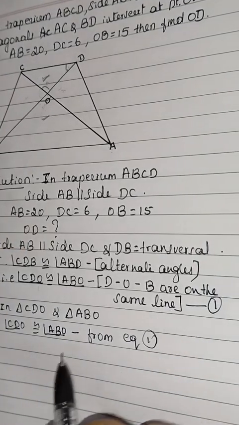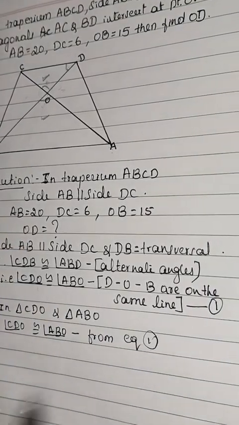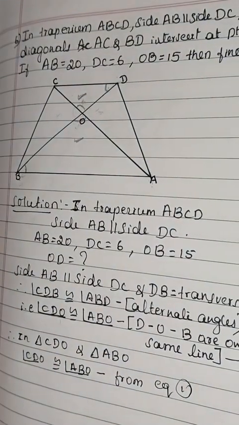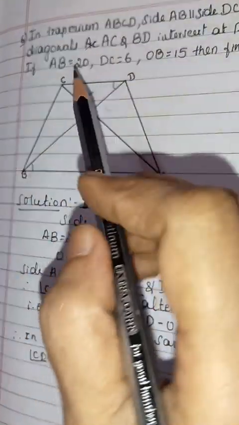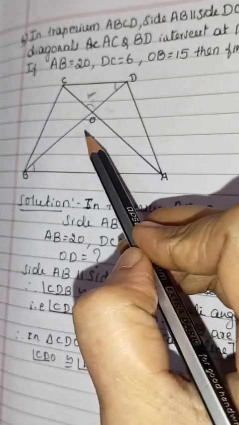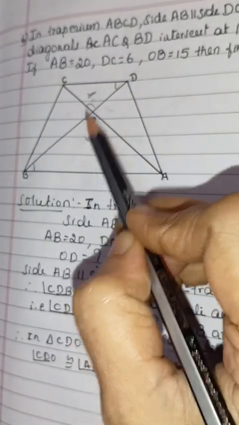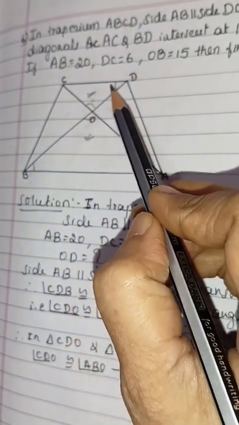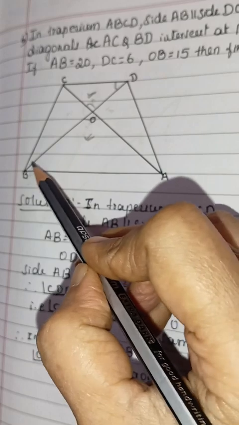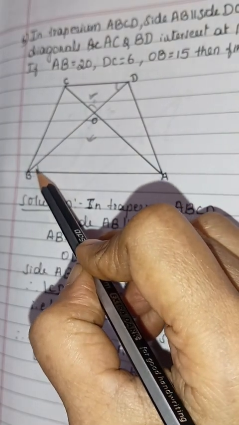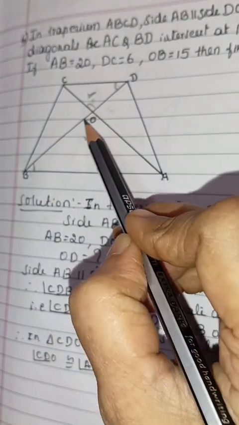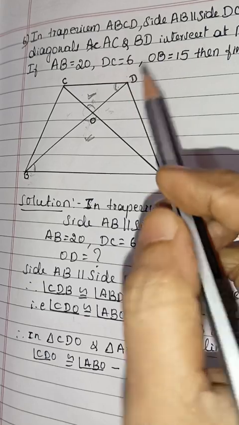We always have to see that in questions number 5 and 6 we are talking about only these two triangles. We have to prove that this alternate angle is congruent with this alternate angle, and this opposite angle with this opposite angle. That much only.